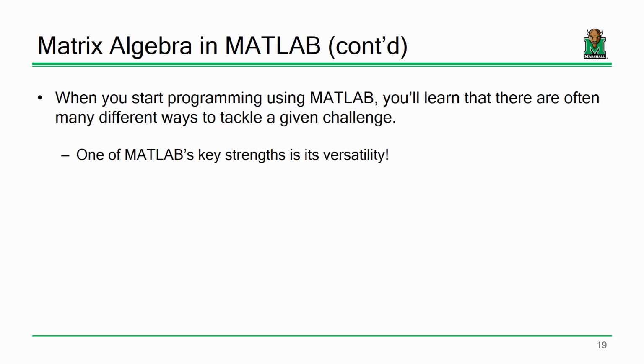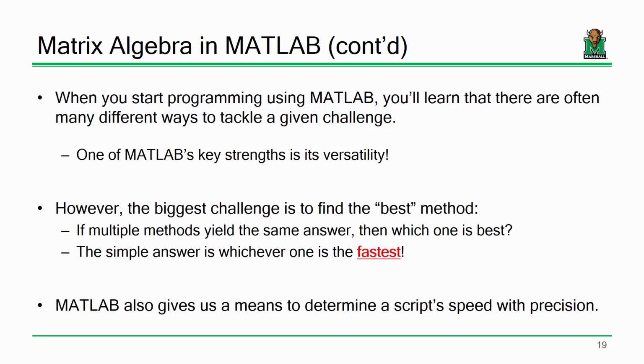So Matlab is very versatile. We just showed 3 different ways to solve the system of equations, but we engineers love to be efficient. That's what we're always aiming for, is creating the solution that costs the least amount of money, that uses the lowest number of resources, that's the fastest, and so on. And in programming, the same thing is true.